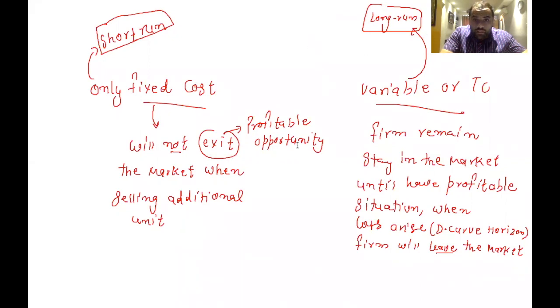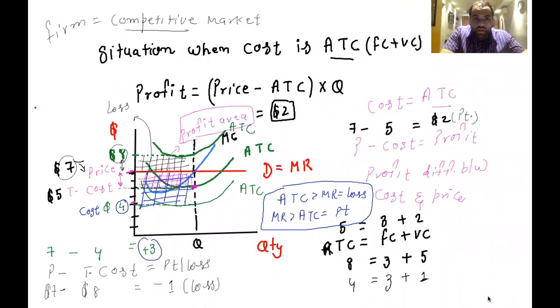Can you show me again the profitable situation in a graph? Okay. This one? So this slide, or this information, is very important because it gives you 3 different situations here. When average total cost is more than marginal revenue, which is loss, it is above the curve, and when the marginal revenue is more than average total cost, it is below the curve, right?